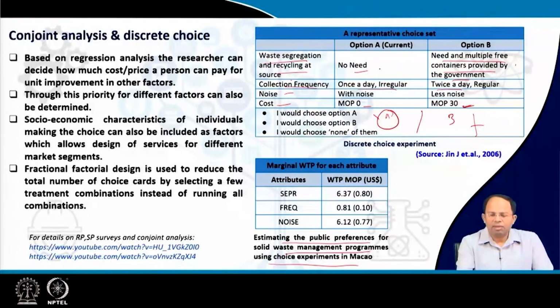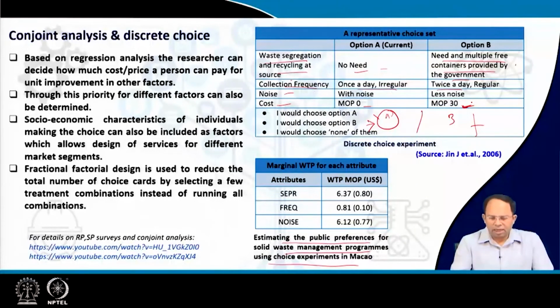That means increasing the value of which factor will increase the probability of choosing that particular choice, right? So that is how discrete choice experiments and conjoint choice vary, but in both cases we are using WTP. We have an estimate of WTP, or we can predict, for changing which parameter, what could be the extra amount that we can charge, or what is the willingness to pay of people for that particular change.